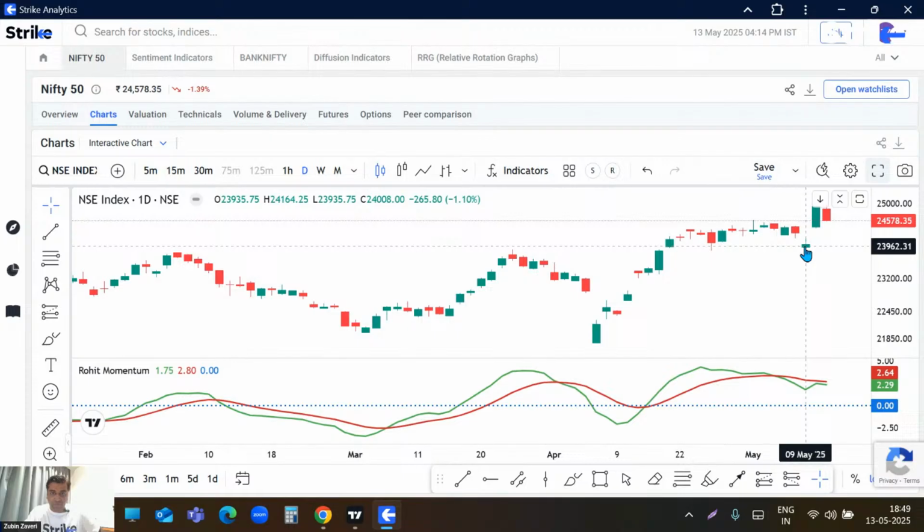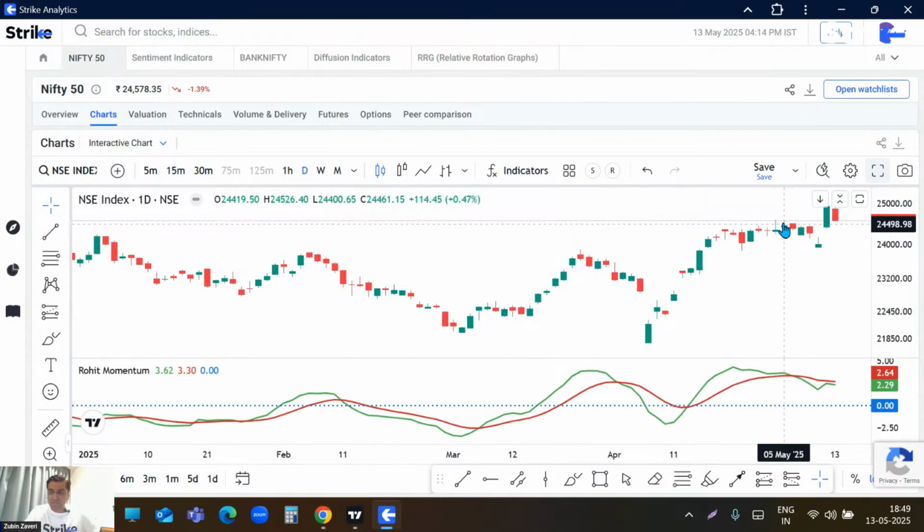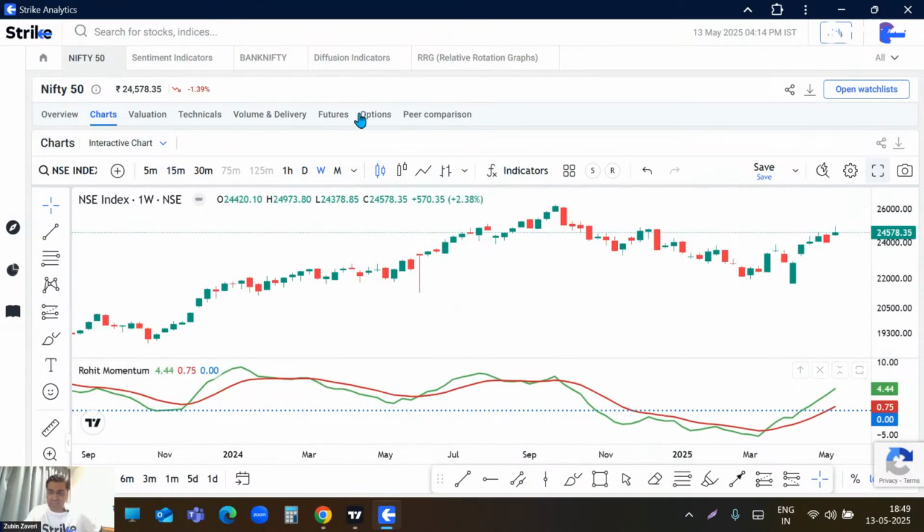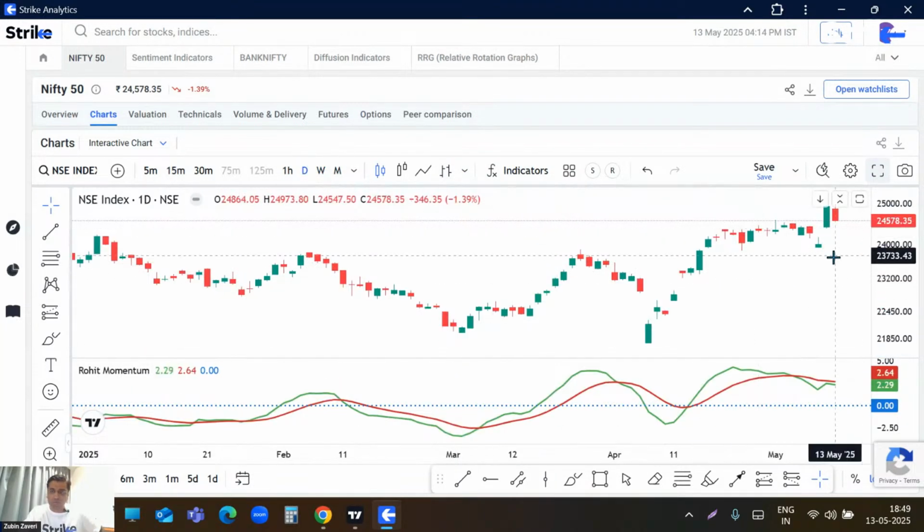Market did go down on Friday, but then again gave a super gap up, and it rallied up, breaking above this high also. So currently the weekly chart is still in a bullish mode. Momentum is still bullish.